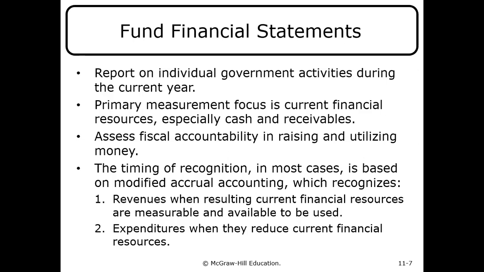Therefore, using modified accrual accounting, 2015 revenue collected by the city within the first 45 days in 2016 is recognized in 2015 because that money will be available to pay those 2015 expenditures. However, in Virginia, their policy differs. So you're going to see that they differ, but that's what they're talking about here when it comes to modified accrual accounting. And we're going to look at it some more.